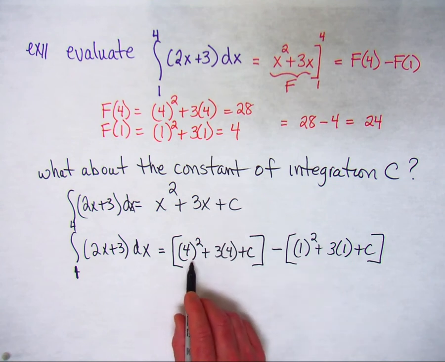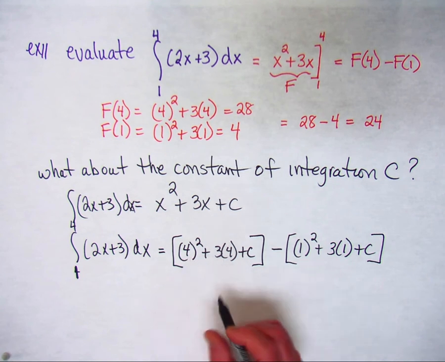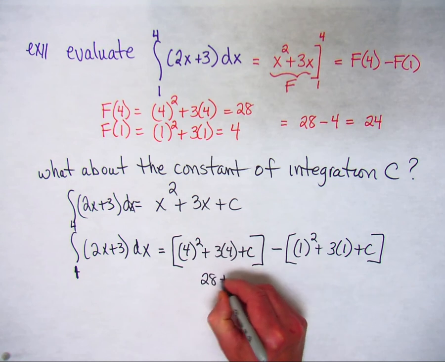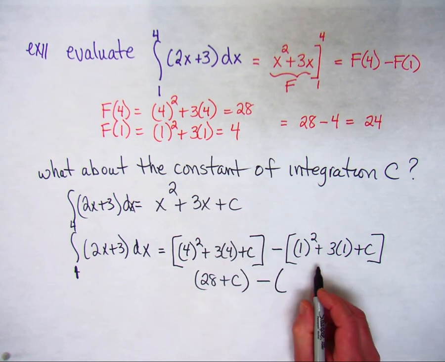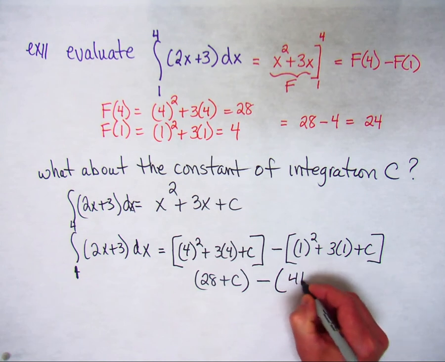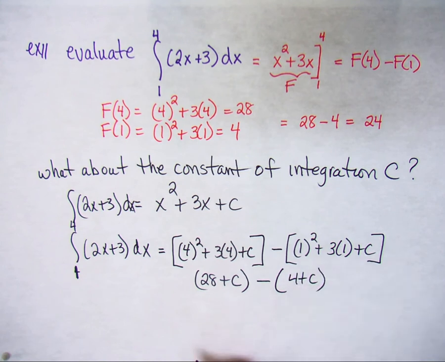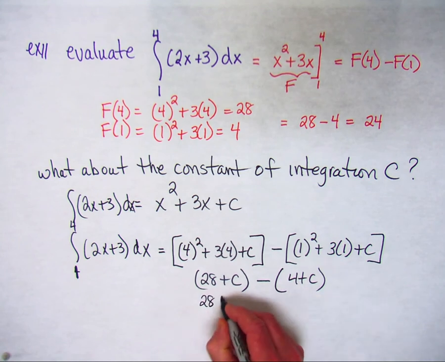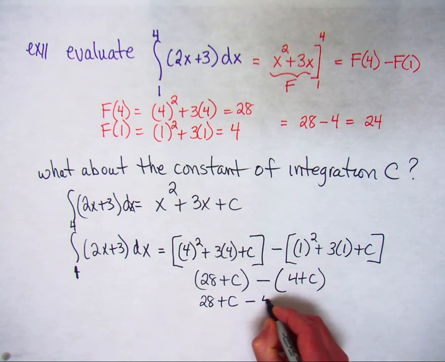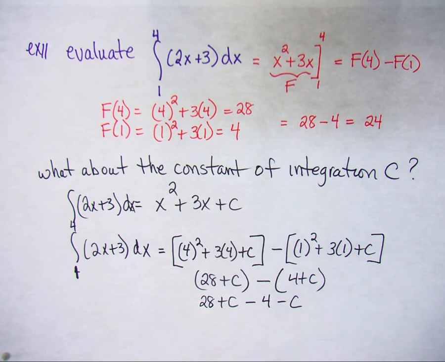This bracket here is going to be 16 plus 12, which is 28 plus c. Subtract, this bracket ends up being 4 plus c. If you distribute the negative sign through the bracket, you get 28 plus c minus 4 minus c.